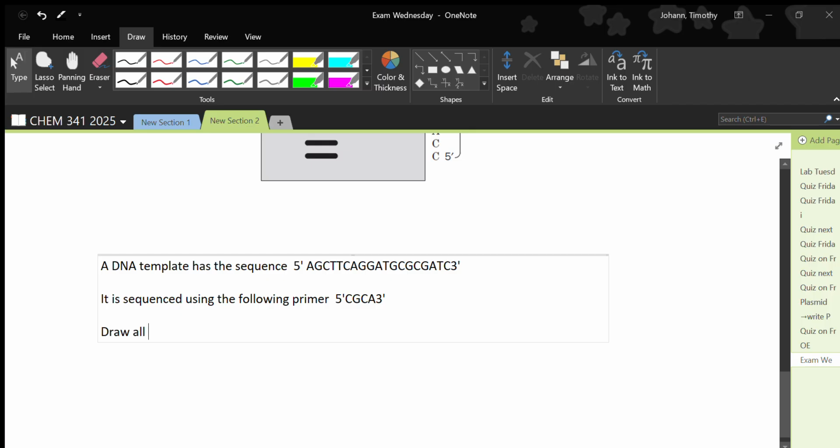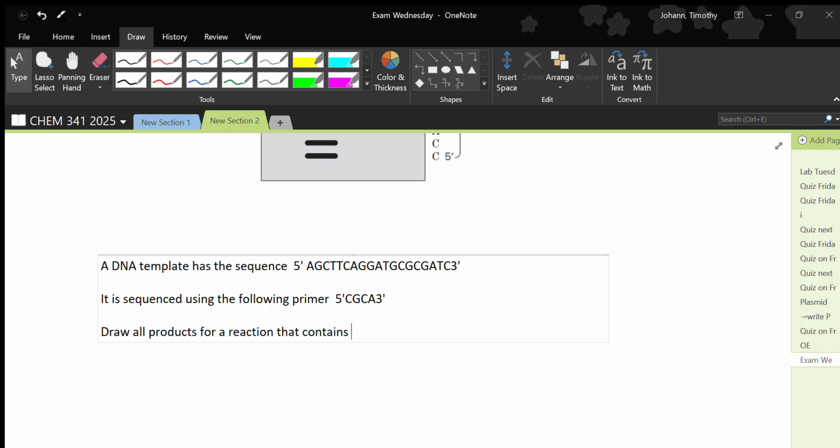Draw all products for a reaction that contains dATP, dCTP, dTTP, dGTP, and ddATP, so dideoxy, this is the one that stops it.